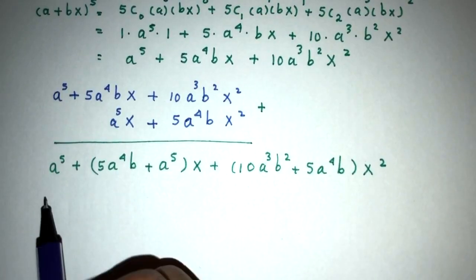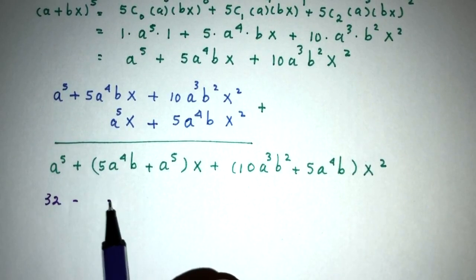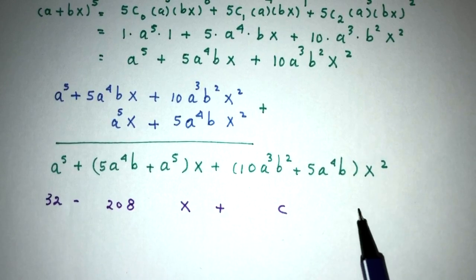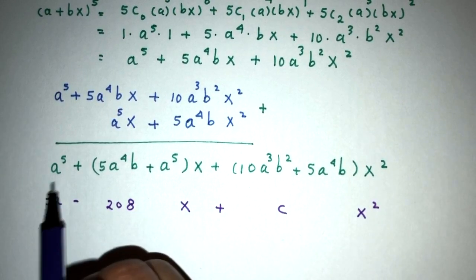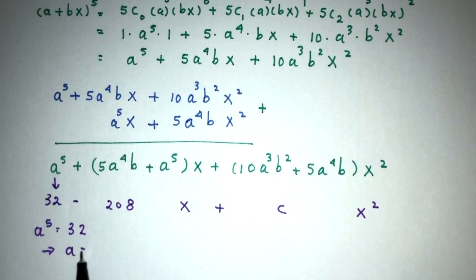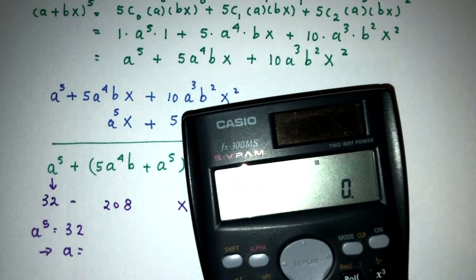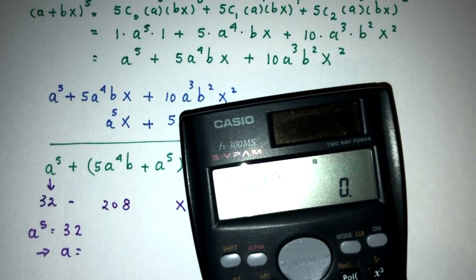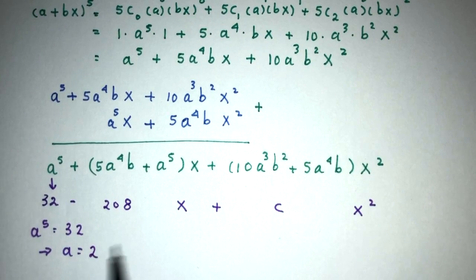So that should be 32 minus 208x plus cx squared. So by comparing, we can see that a power 5 has to be 32, which means a has to be what? So if you know, it should be just 5 because 32 power 1 over 5 should give you 2. That will be 2 for the value of a.